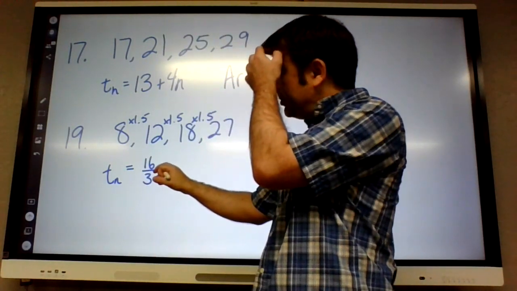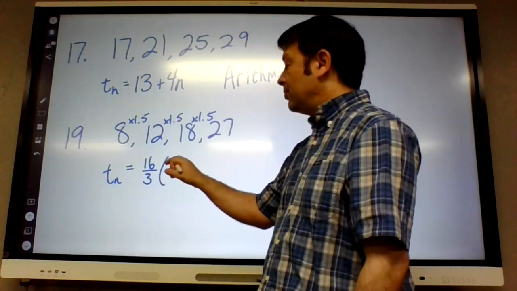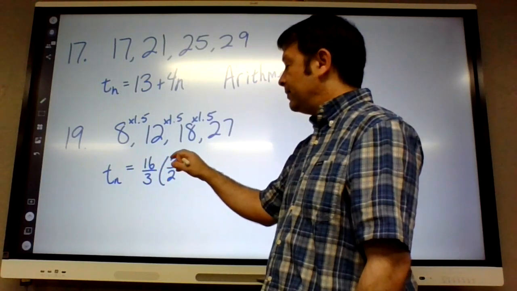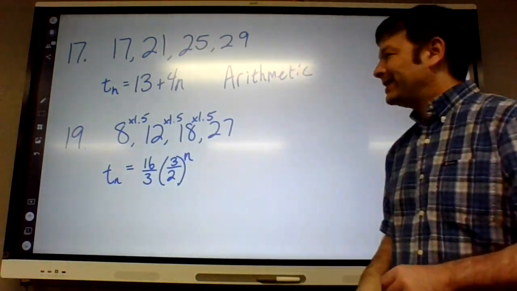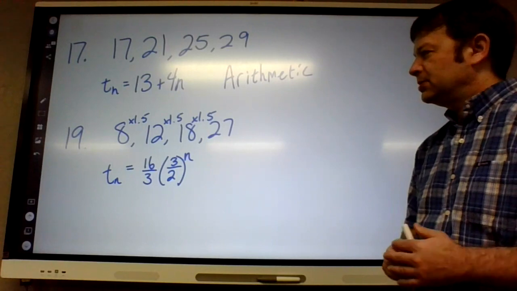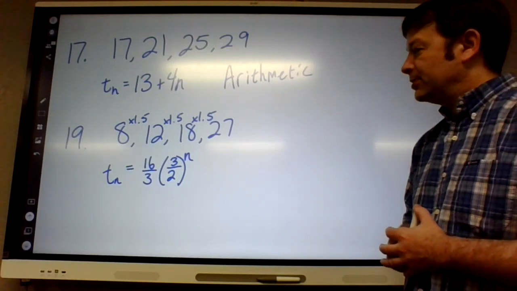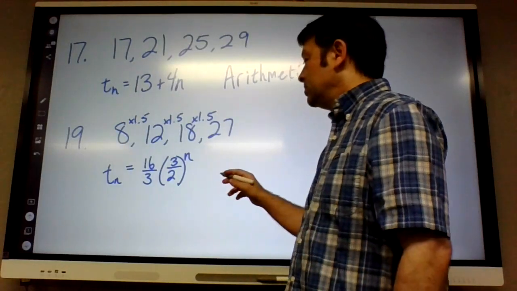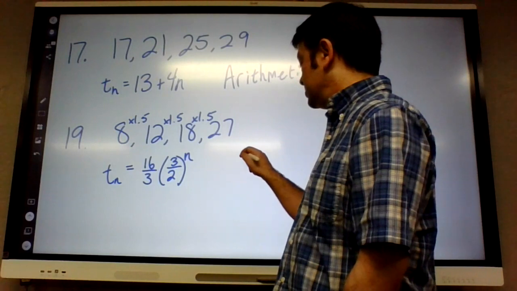And then we would need to multiply that by 1.5 or 3 over 2 n times, once for each numbered term. Okay, so that is geometric.